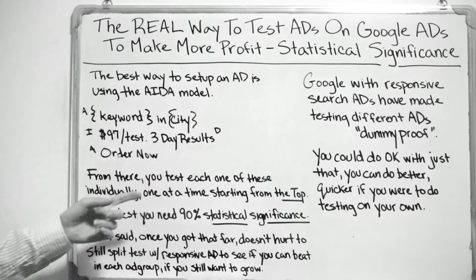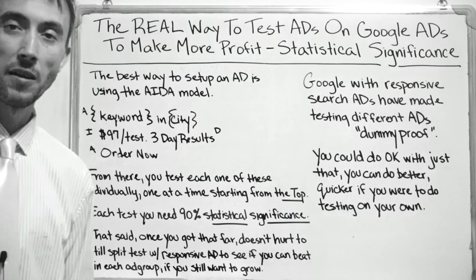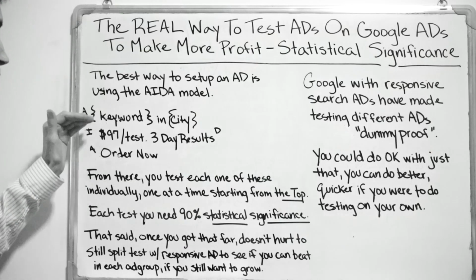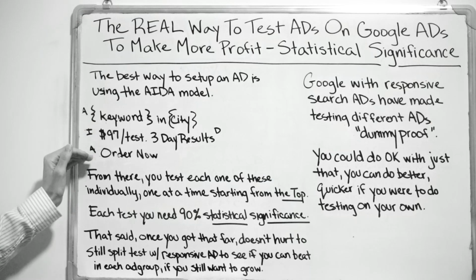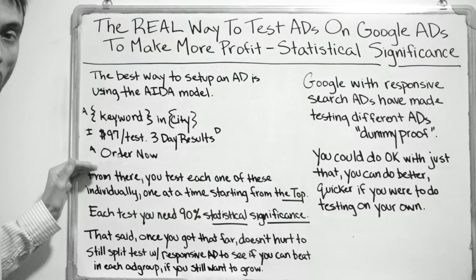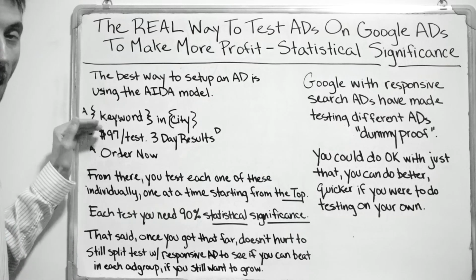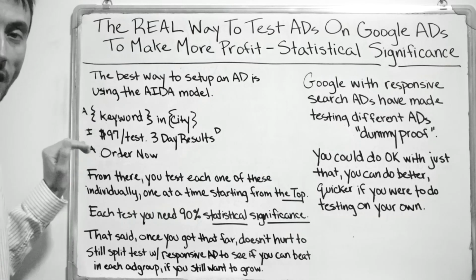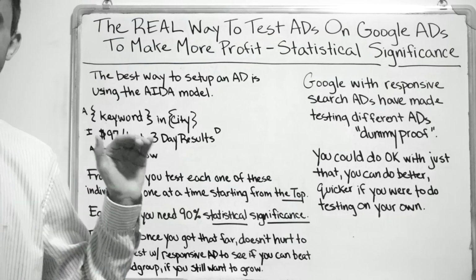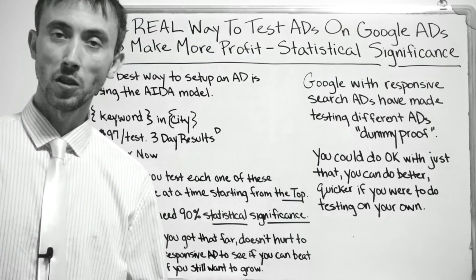Then you do the D the same way, and then the A the same way, the final A. Through that process, you'll find out the perfect ad, because each ad needs the same 4 key components, because that's what makes up a great ad and has for a long time. You'll find the most ideal thing to say for each component of that AIDA ad, and then you'll get the most click-through rate possible.